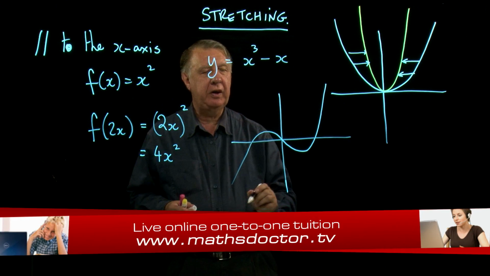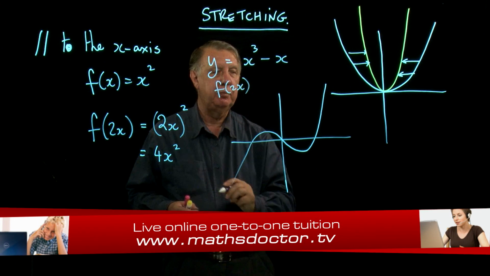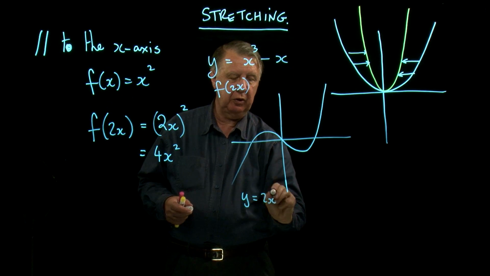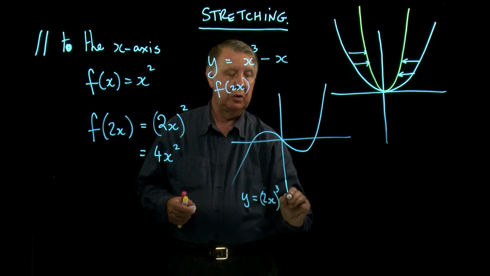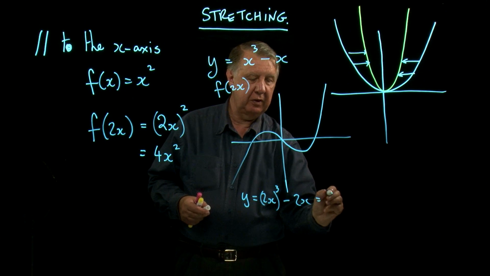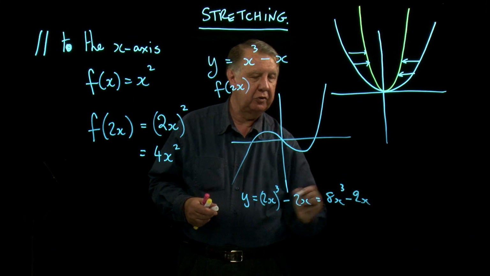Then if we said, okay, what's function 2x for this one? Then I'd be looking at 2x cubed minus 2x, which is 8x cubed minus 2x.